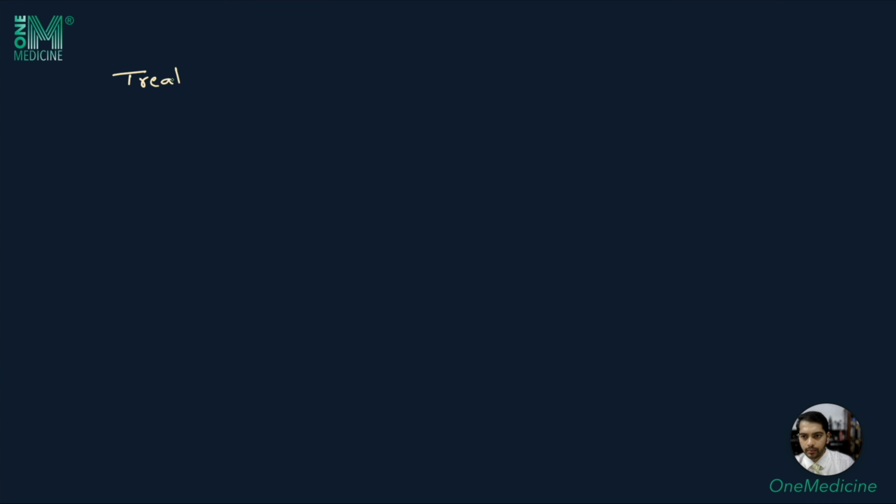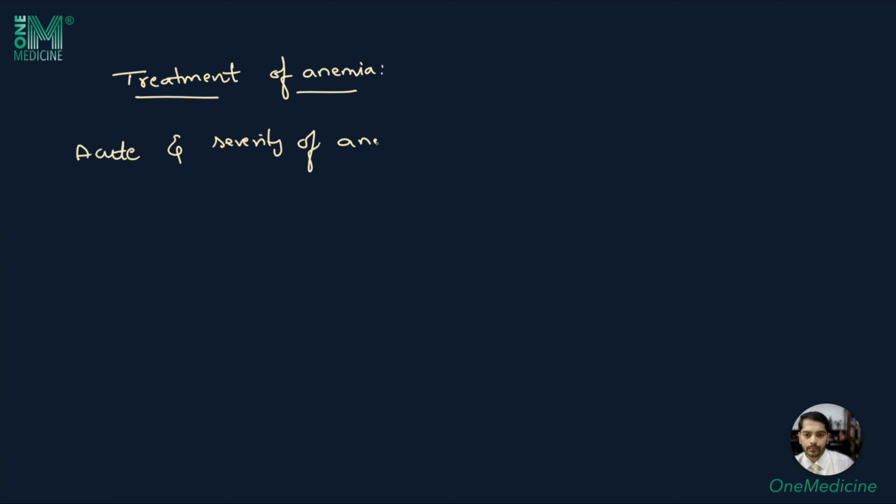Treatment of anemia. General approaches. Acuteness and severity of anemia determine whether there is requirement of transfusion with packed red blood cells or PRBC.